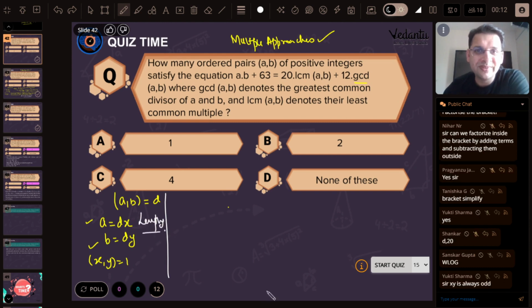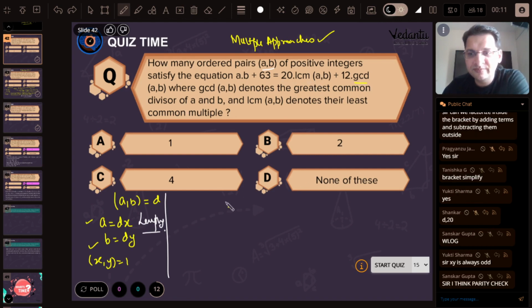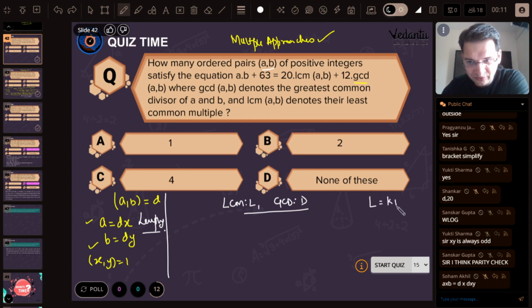So what do you do? See, guys, two numbers, A and B. Let's give a short name to LCM and GCD: let LCM be L and GCD be D. For two numbers, can I say LCM is always going to be a multiple of GCD, first of all?